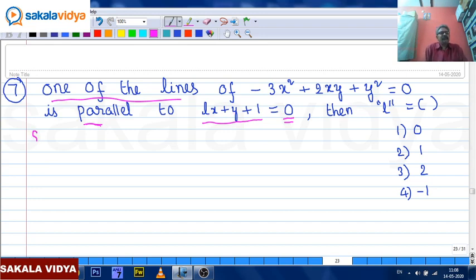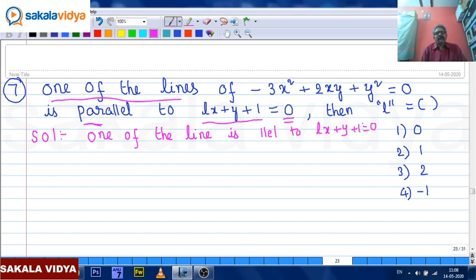Now we need to find out one of the lines parallel to Lx plus y plus 1 is equal to 0 and passes through origin.